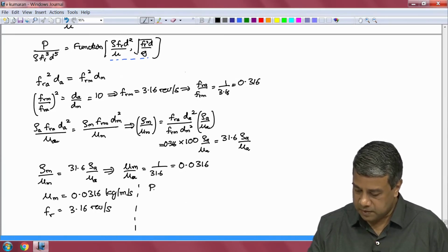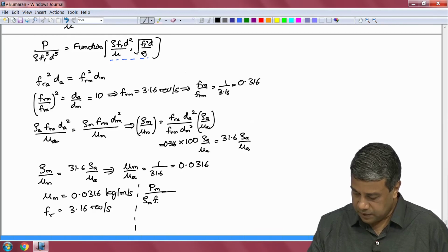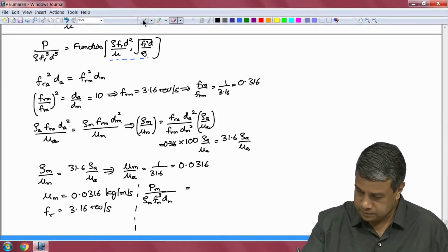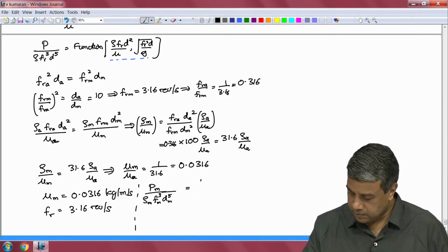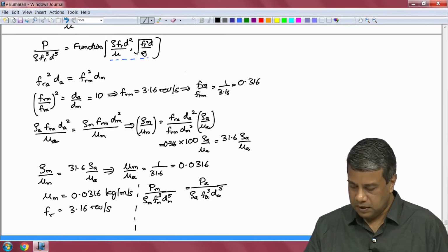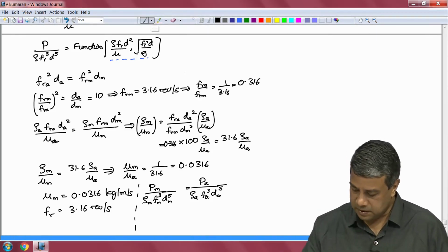That means that the power for the model reactor by rho of the model reactor, F model reactor cubed, D model reactor to the power 5, is equal to the power of the actual reactor by rho of the actual reactor, F actual reactor cubed, D of the actual reactor to the power 5. And I said that the densities are approximately the same.